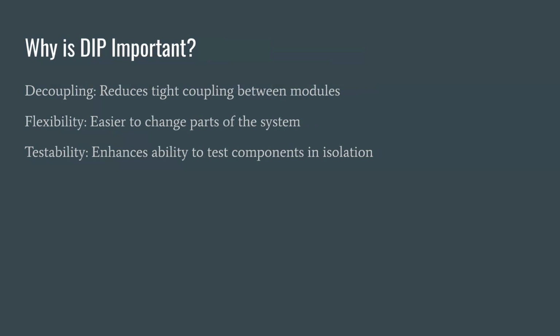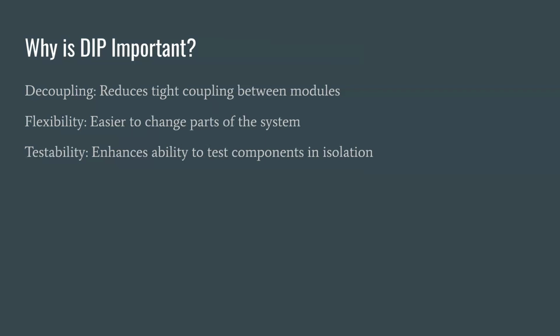Why is DIP important? DIP is important for several reasons: decoupling, flexibility, testability. So first, decoupling. It reduces tight coupling between modules, making the system easier to maintain and extend.